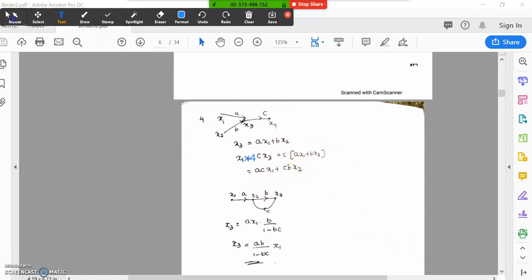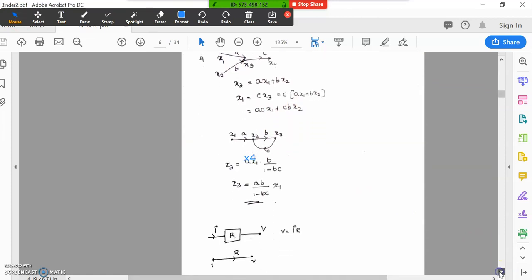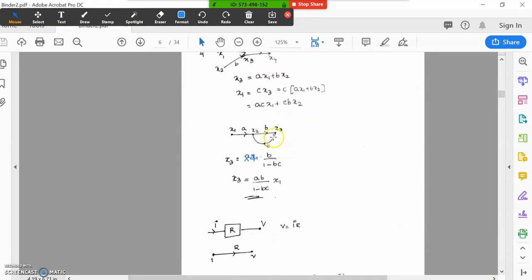Again here, the next one, this is how we have to draw the signal flow. Then this is a feedback. So what will be the equation for the feedback here? For this loop it is going to be b divided by 1 plus bc. If it is a negative feedback, plus; if it's a positive feedback, minus.